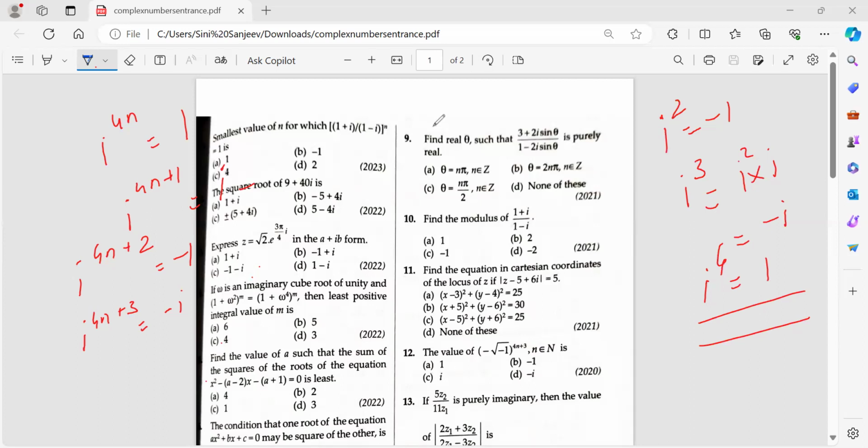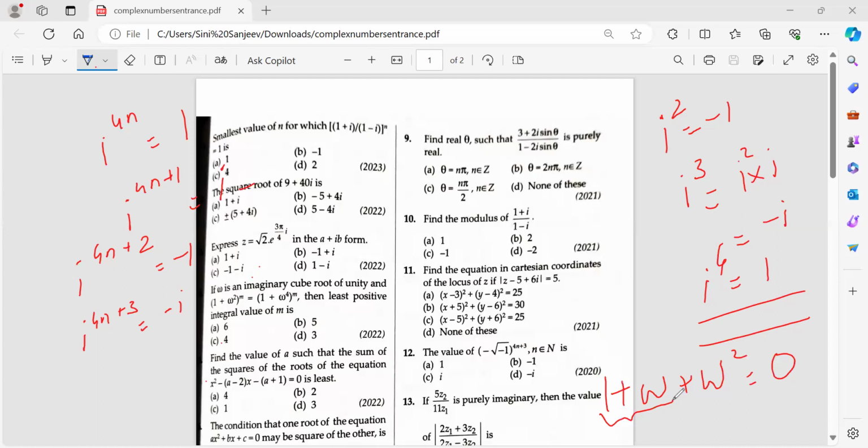Second thing we have to note is, I'm writing here only, later I'll rub it out. 1 plus omega plus omega square value is equal to 0. So suppose if you see 1 plus omega in the question, you can directly put it equal to what?